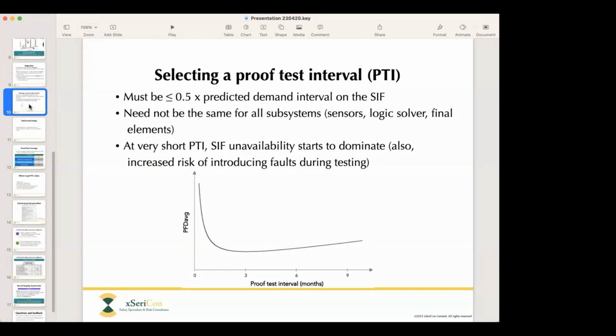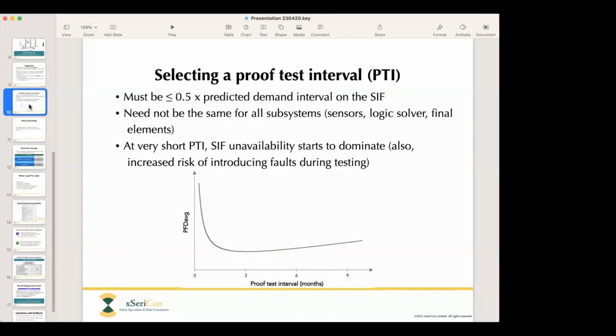So then you may think, well, in that case, let's do lots and lots of proof testing, and then we can get really good performance from our SIF. But there is another side to the coin, which is if you over test, then that can cause various problems. One of which is that, as we mentioned earlier, the SIF may be unavailable during the test because you have to bypass it. And that unavailability starts to become dominant if you have a very short proof test interval.